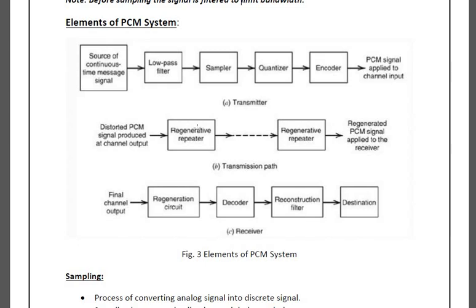You will be having an equalizer that will be equalizing your signal. Then you will be having a timing circuit, because the signals are converted into samples, as well as a decision making circuit. These are the blocks present in the regenerative repeaters. You do not need to draw the regenerative repeaters, just give the information about what they consist of.